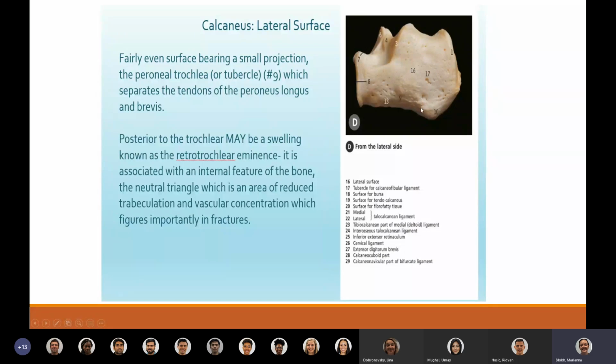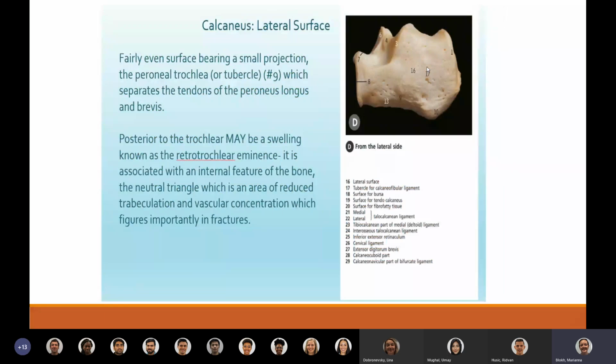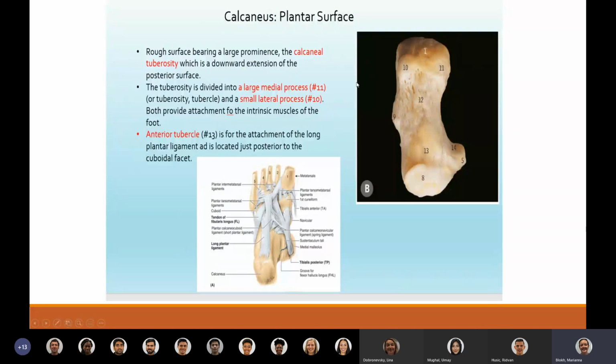Again, we don't generally worry about calcaneal bone healing, but this is the area where we discuss the neutral triangle because of the reduced trabeculation and vascular concentration. So that's somewhat of an area of concern, but for the most part, healing is pretty much okay.